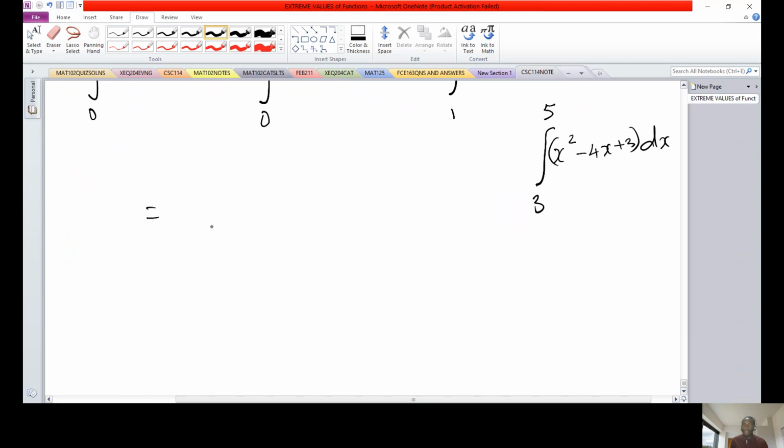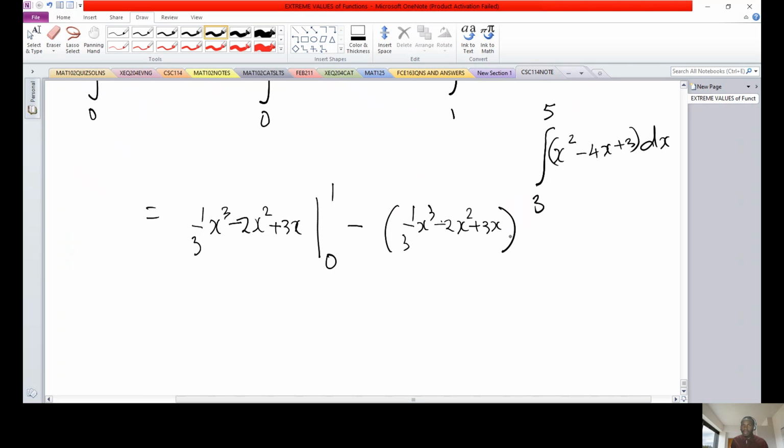Now when you carry out the normal integration of these functions, which do not have absolute value functions, we get a third x cubed minus 2x squared plus 3x. So we apply limits from 0 to 1, minus a third x cubed minus 2x squared plus 3x, and we apply from 1 to 3.